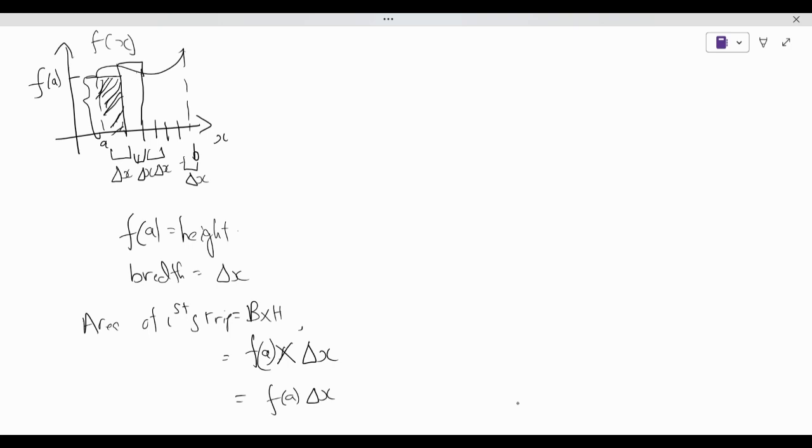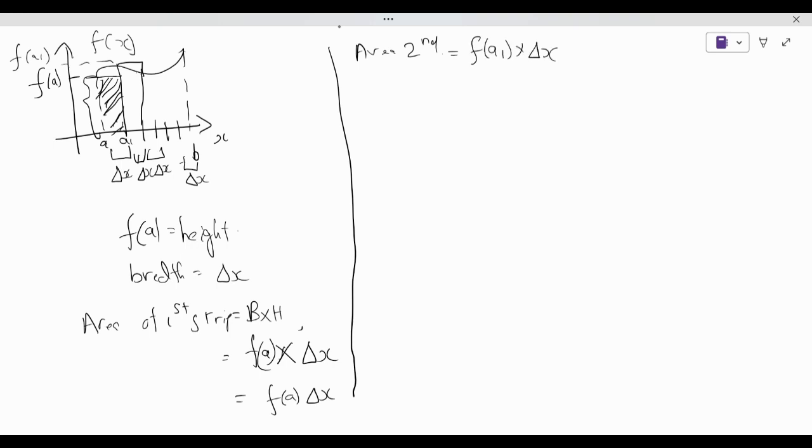Second strip, similarly. For the second strip, let's call this A1. Then the height will become f of A1, so the area of the second strip will be f of A1 into delta x.